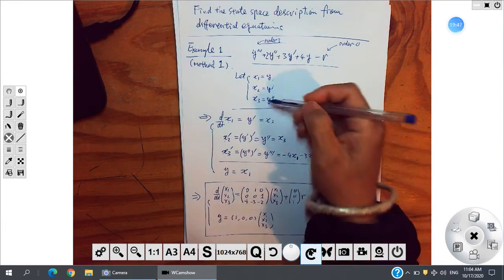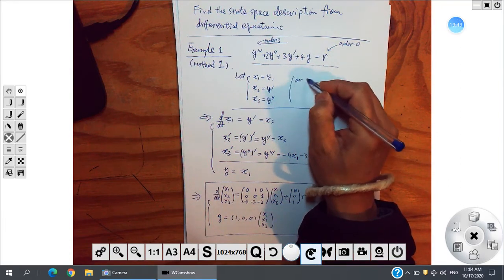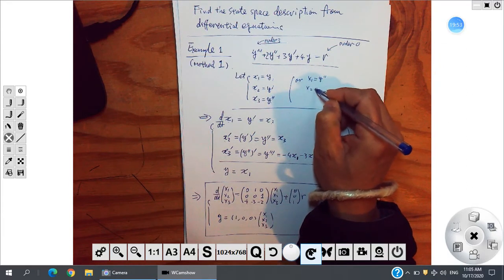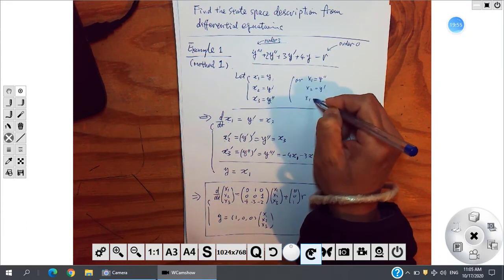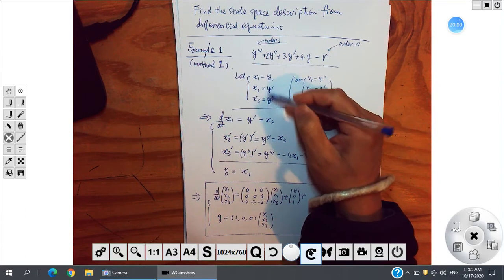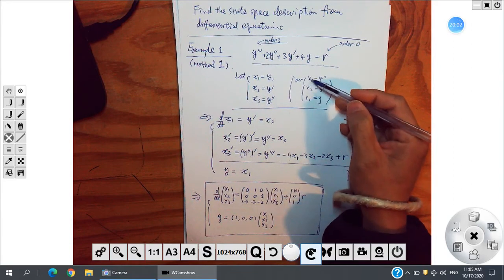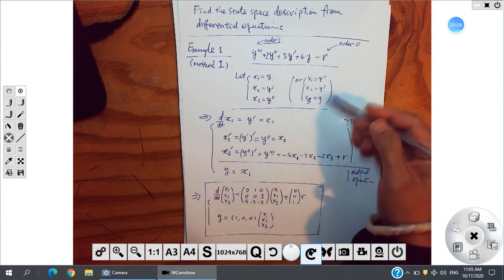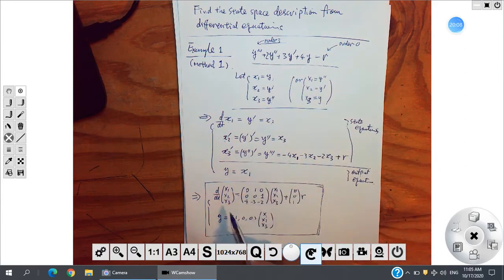For example, you can let x1 be y double prime, x2 be y prime, and x3 equal to y. If you change the order of these three, then you have different x1, x2, and x3, and the matrix will look different. That's your choice. The answer is not unique.